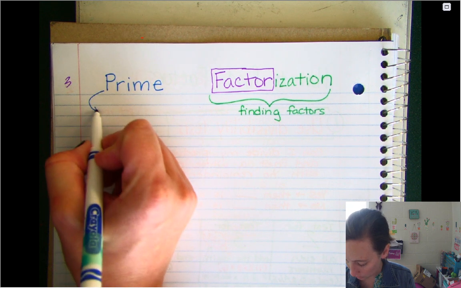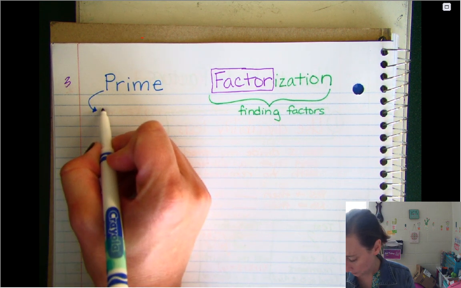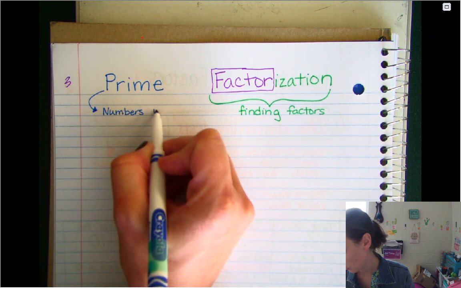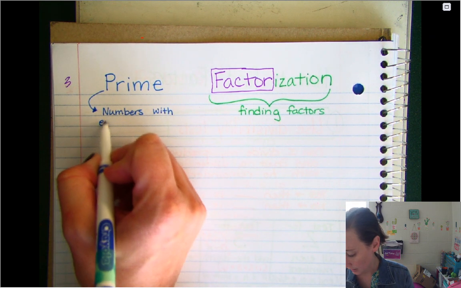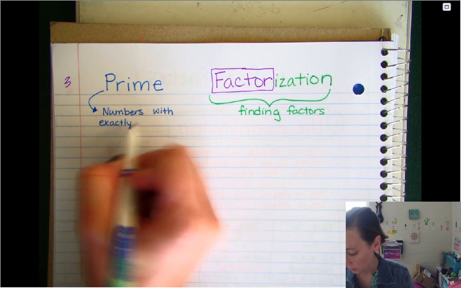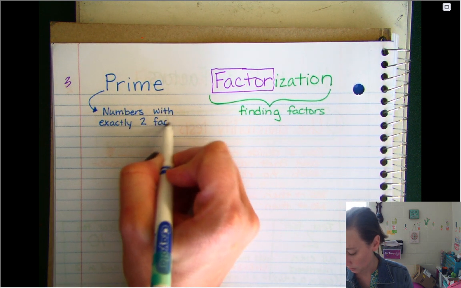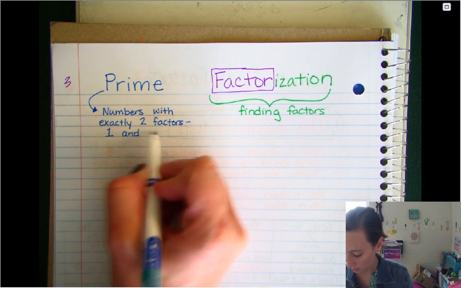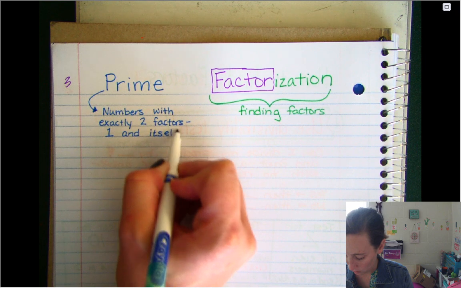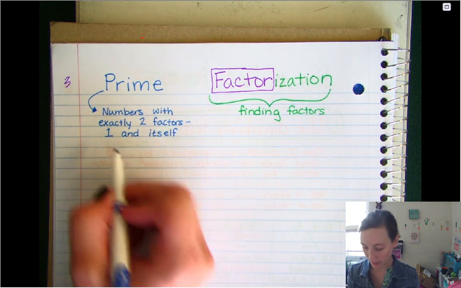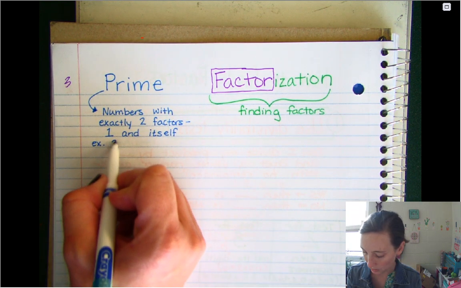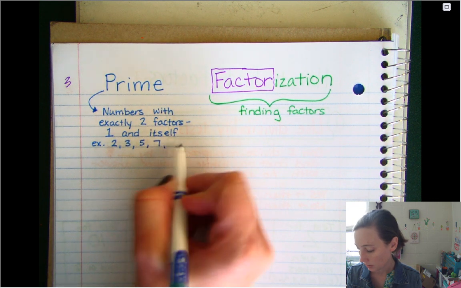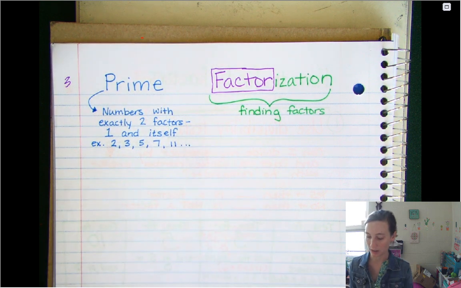So our definition right here: numbers with exactly 2 factors, one and itself. So some examples that come to mind would be 2, 3, 5, 7, 11, it goes on and on and on.